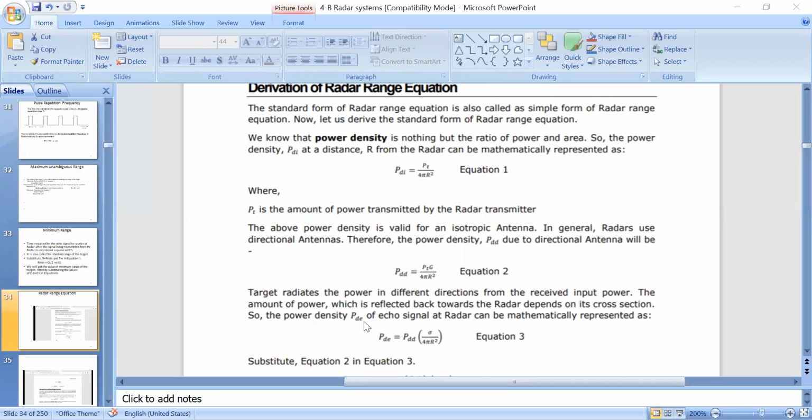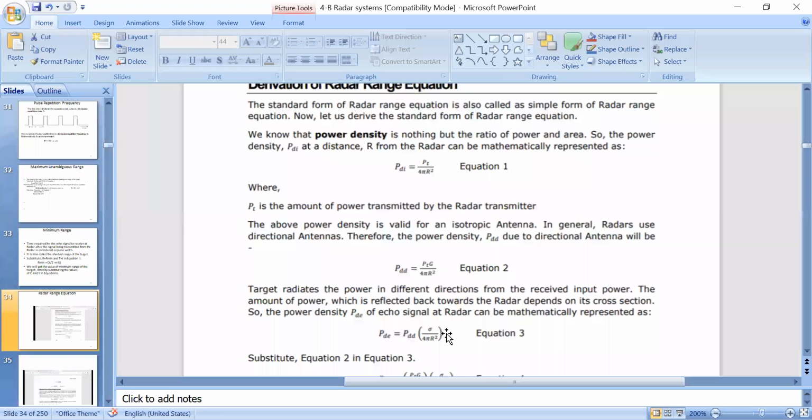See here, PDE, the power density, is considered by taking this radar target cross section into account. That formula is given as PDE equals PDD into sigma by 4 pi R square, where sigma by 4 pi R square accounts for the radar target cross section.